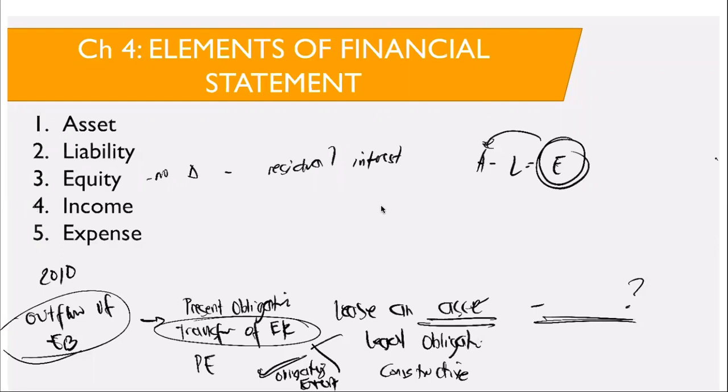Next, we have the definition of an income. So what is an income? An income is present if there are increases in assets or decreases in liabilities, which result in an increase in equity, other than contributions of owners.